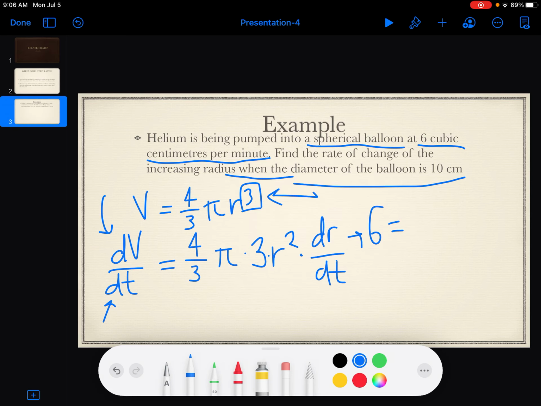Equals, let's do some cancellations here, clean this up. So we've got 4 pi r squared. And what's dr by dt? Well, we're looking for dr by dt. Actually, hold on. Substitute another part of the information in. What's r?